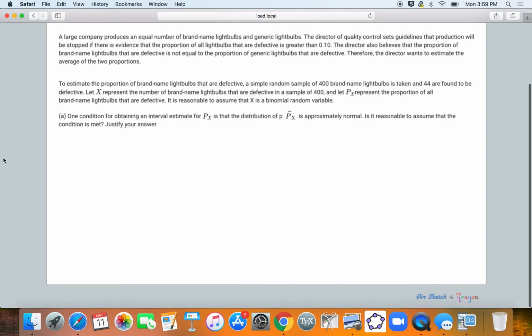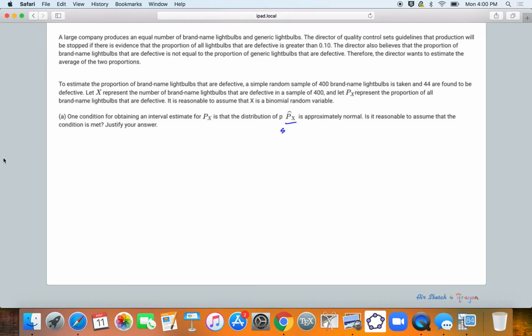Let X represent the number of brand name light bulbs that are defective in a sample of 400, and P sub X represent the proportion of all brand name light bulbs that are defective. It is reasonable to assume that X is a binomial random variable, and one condition for obtaining an interval for P sub X is that the distribution of P hat sub X is approximately normal. So remember what they're talking about here.